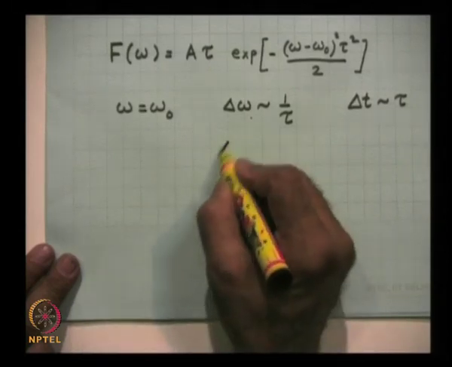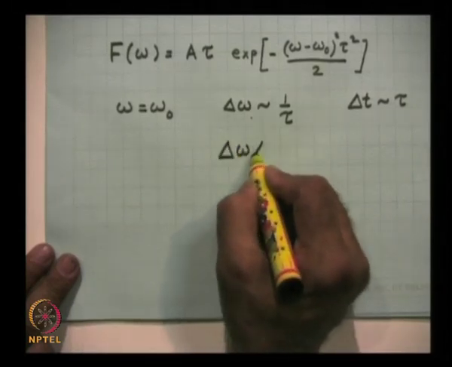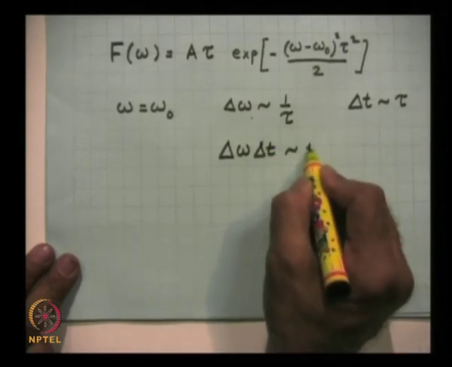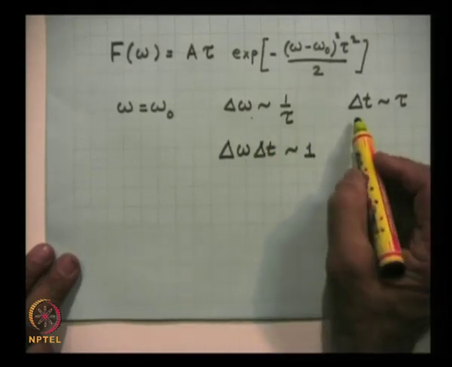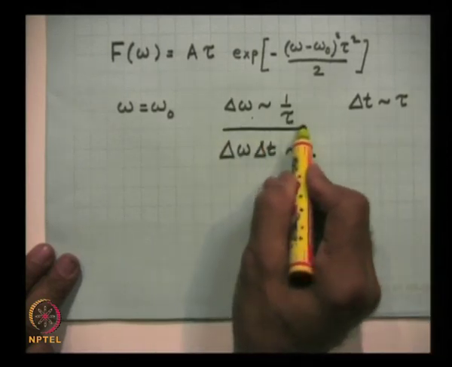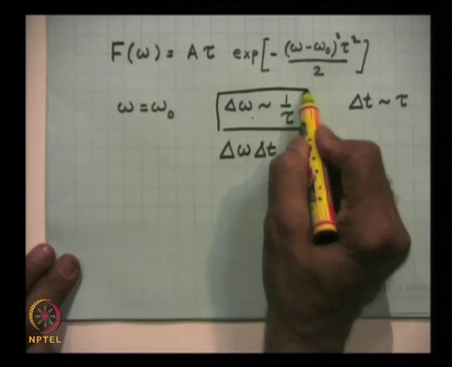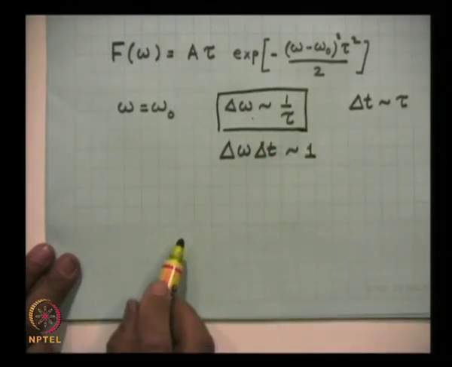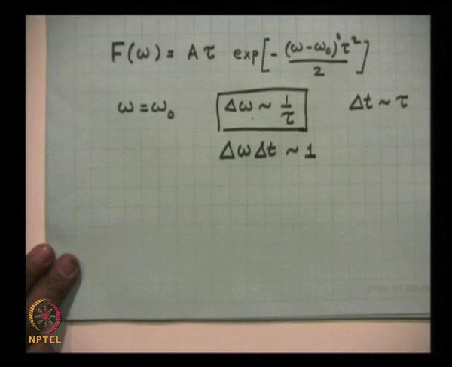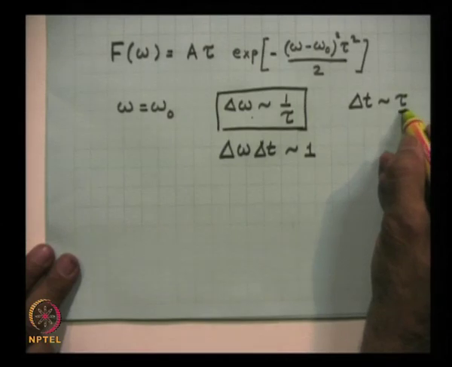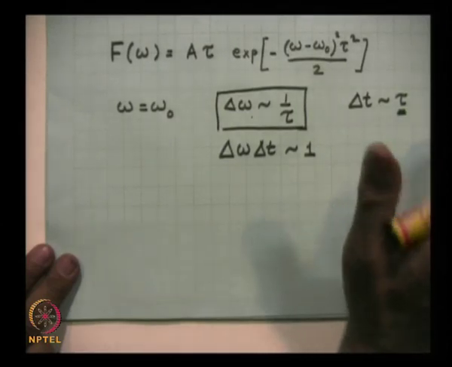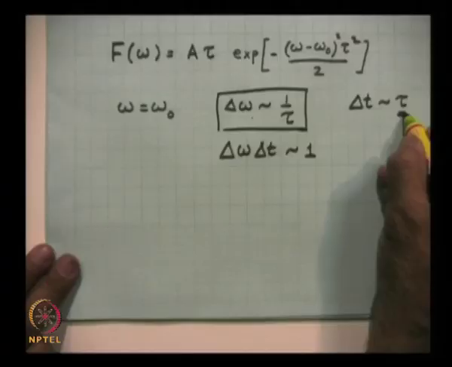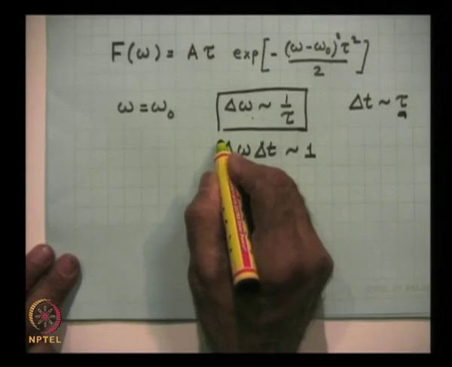So, I get this uncertainty relation: delta omega delta t is of the order of 1. This is known as the monochromaticity of the pulse. Smaller the delta omega, the greater is the sharpness of the frequency. So, tau is something like what we read in optics as the coherence time. Larger the coherence time, smaller is the spectral width, and this we have all studied in optics.